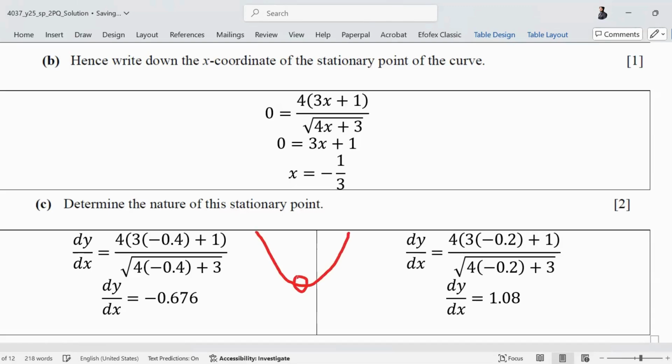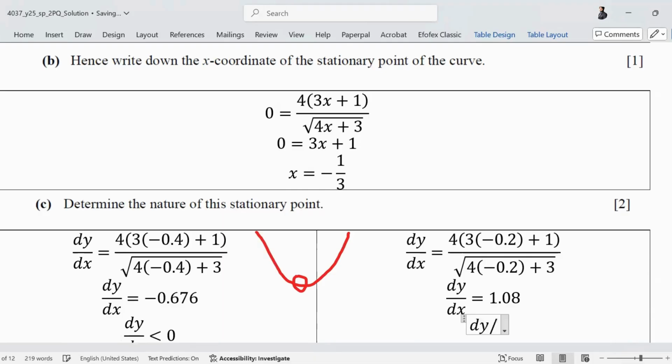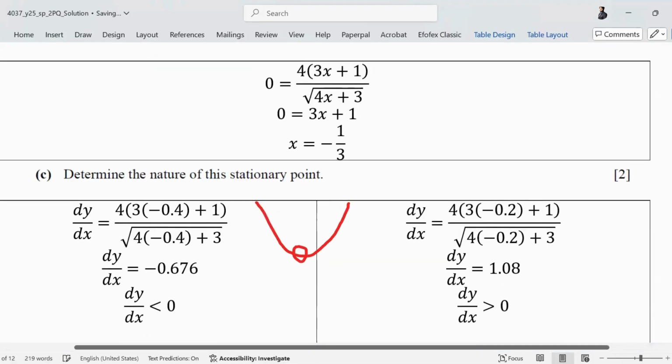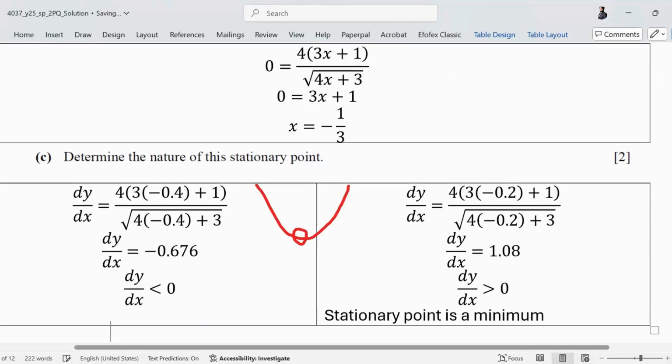So the derivative is negative on the left of the turning point, and positive on the right of the turning point. So I'll say that the stationary point is a minimum.